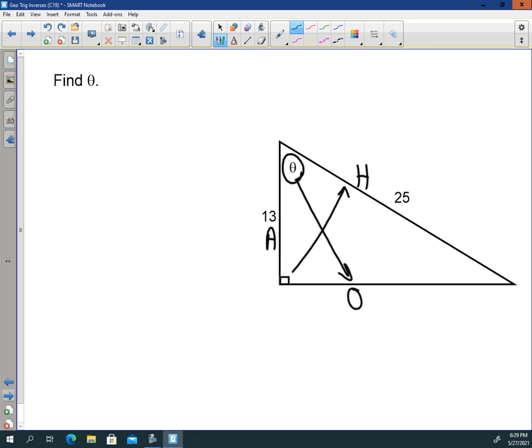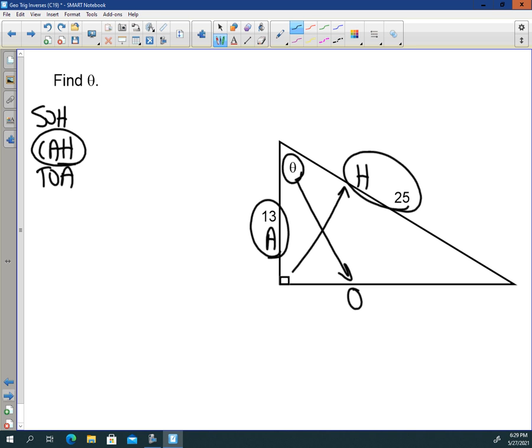We know information about the adjacent side and the hypotenuse, and we're going to use that to pick the correct trig ratio. There's SOH CAH TOA to help us pick the right one and to build an equation. We know about the A and the H, and so it looks like we're going to use the cosine ratio.